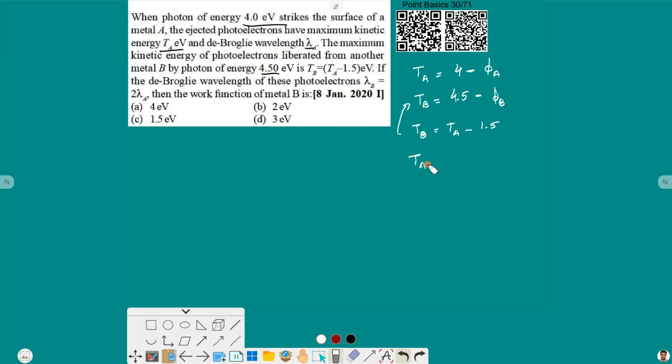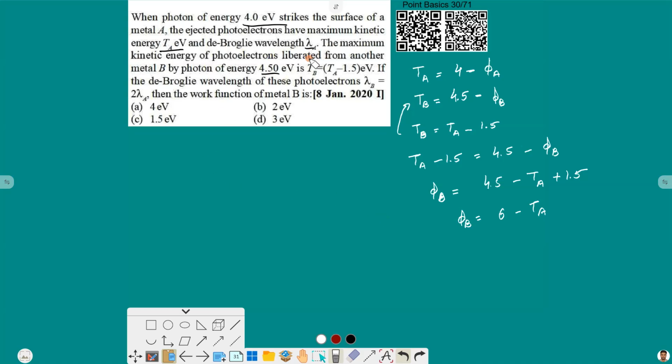Ta minus 1.5 is equal to 4.5 minus phi b, and from this we will get phi b is equal to 4.5 minus Ta plus 1.5. So phi b will be equal to 4.5 plus 1.5, that is 6, minus Ta.